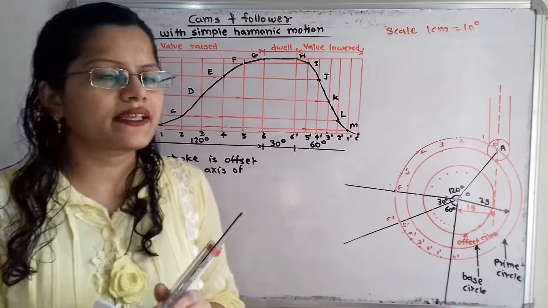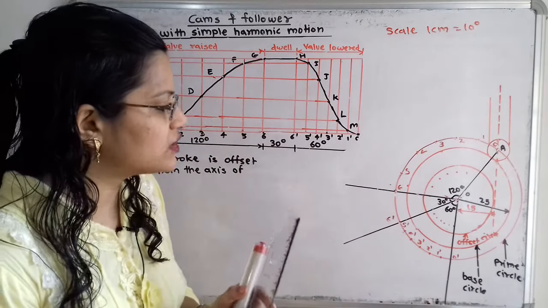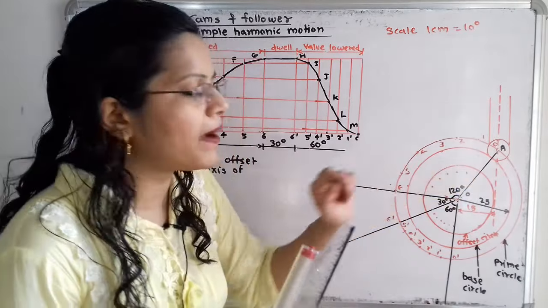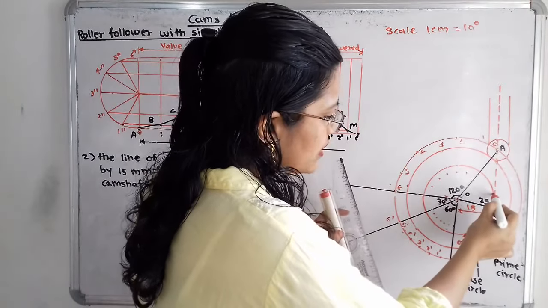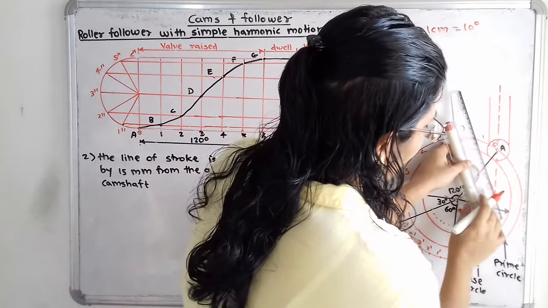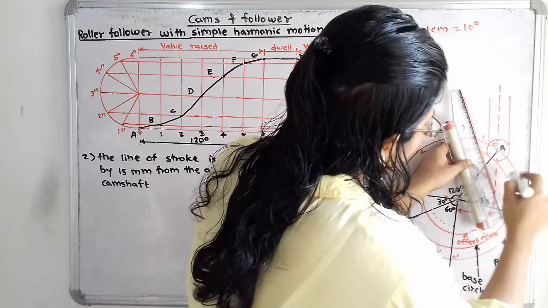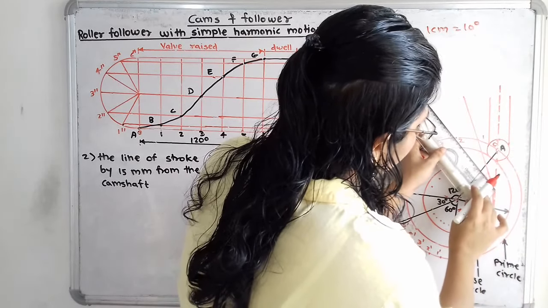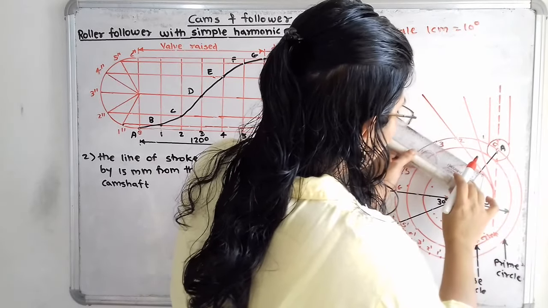Now how to make this profile? For that we have to draw the tangent to this offset circle but passing through these points. So I have to draw one tangent to the offset circle but passing through this point 1. So I will draw here. Then in the same way I have to draw the second tangent passing through this point 2.